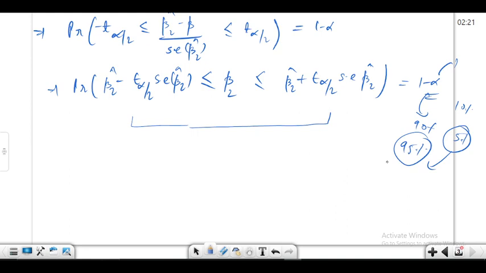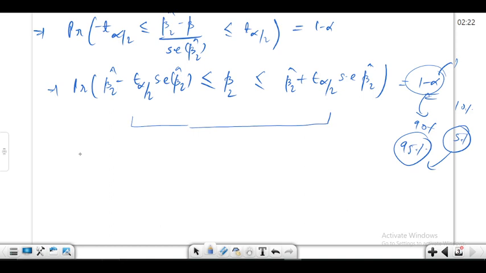Okay, so we have created a confidence interval, and we are this much sure, or the probability of my true population parameter, that is beta 2, lying in this range is this much, that is 1 minus alpha.